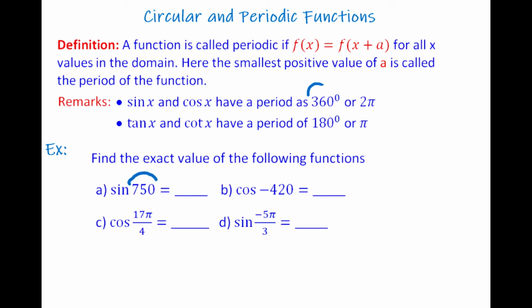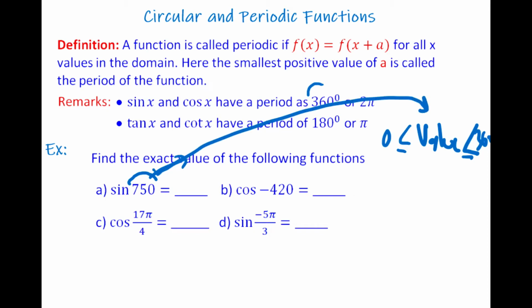Whatever that angle is, just by subtracting 360 or 2 pi's or multiples of those values from that angle, make that angle something between 0 and 360, guys, okay? So whatever that angle, just by subtracting or adding some multiples of 360, try to make this angle something between 0 and 360 so that we can find the exact value.